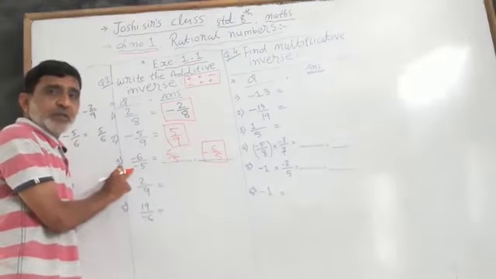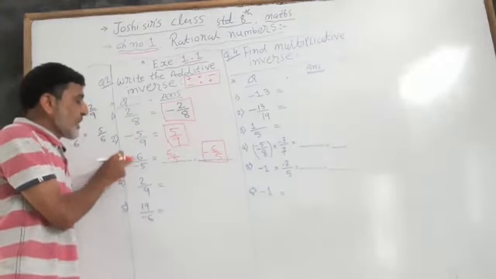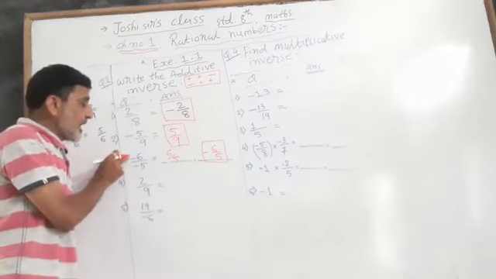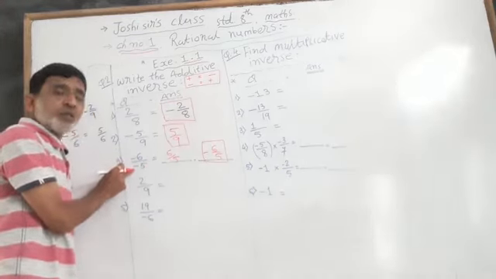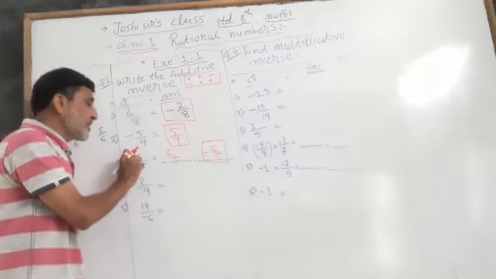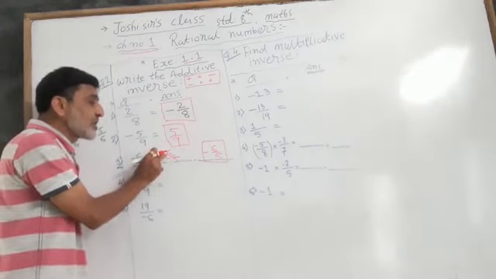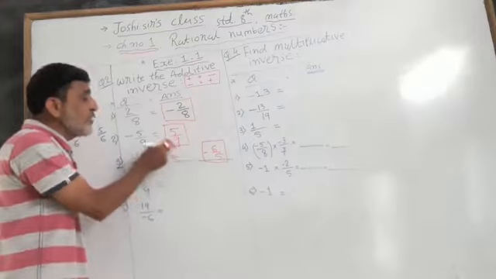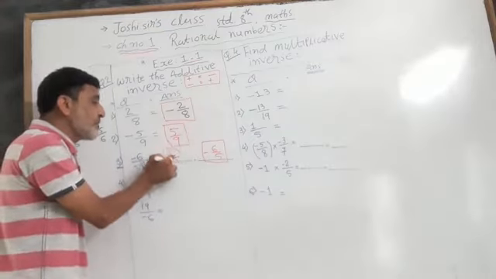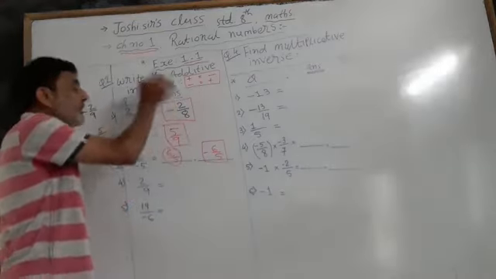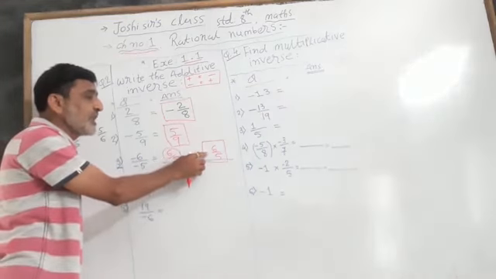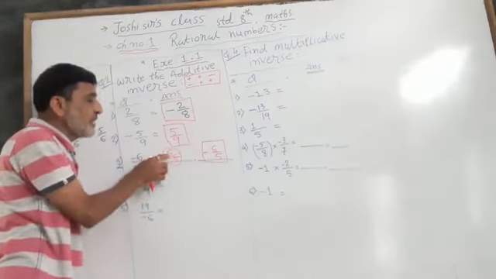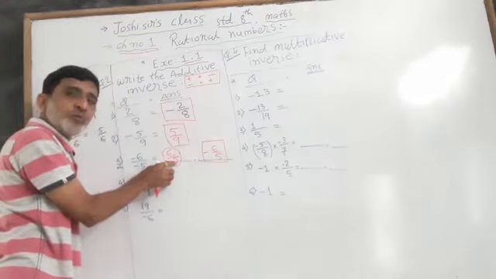Okay? Understand? Repeat it again. Minus 6 upon minus 5. Minus minus plus, so the question is like this, 6 upon 5. Now we have to change this number into additive inverse. So here is a plus sign, then it is changed into minus, and the number will be the same, 6 upon 5.